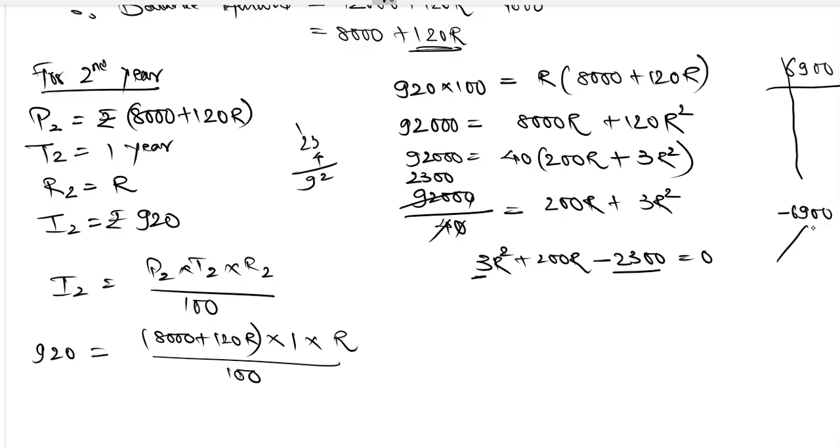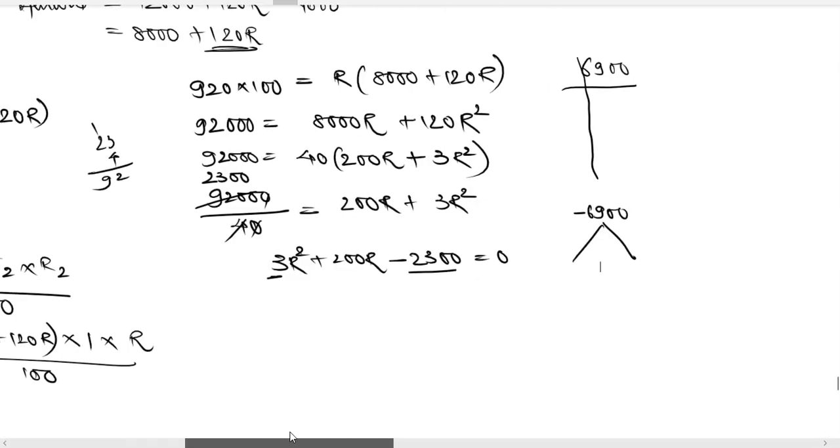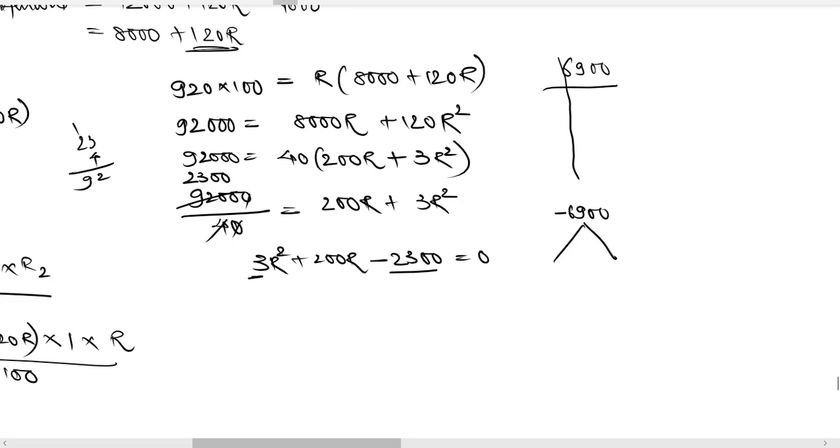So I have to find two factors of minus 6900 such that the difference will give me plus 200. So let's find the factors of 6900 here.